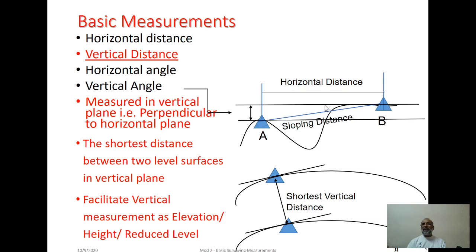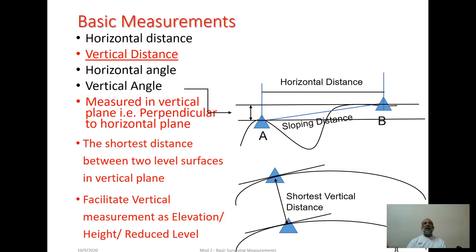The sloping distance is projected in the horizontal plane to express it as horizontal distance, whereas if we consider the horizontal plane passing through station A and the horizontal plane passing through station B, the vertical ordinate in between is nothing but vertical distance. So it can be considered as the shortest distance between two level surfaces in the vertical plane.